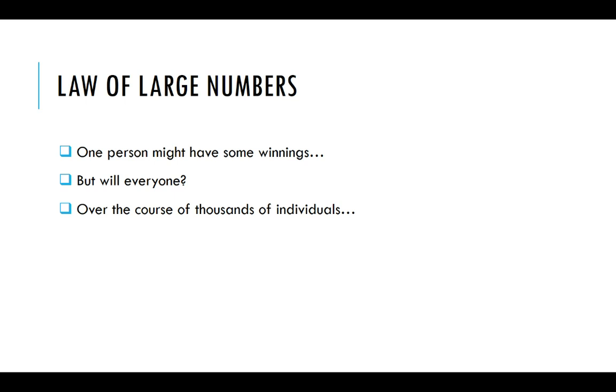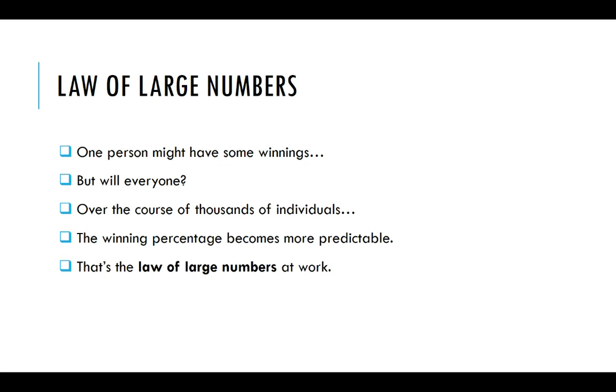They're going to be crowded casinos. Over the course of 1,000 individuals, if it's not tonight, by the end of the week, we've got thousands of individuals. Now the winning percentage becomes more predictable. And gang, when that winning percentage becomes more predictable, well, that's the law of large numbers at work.